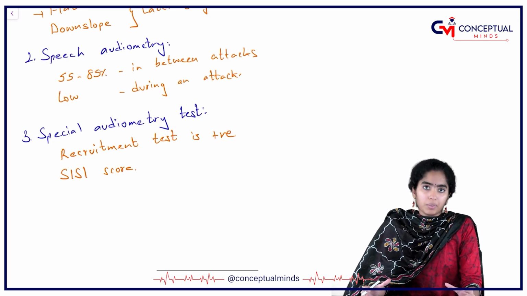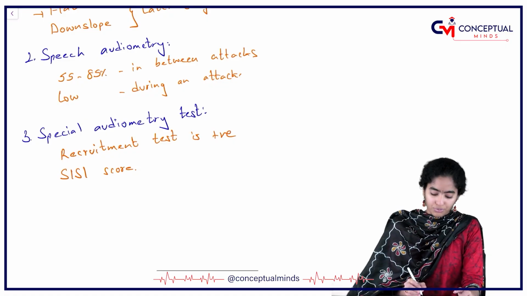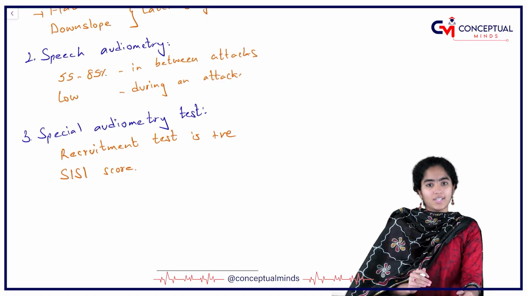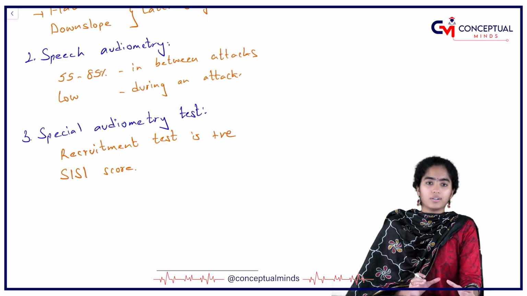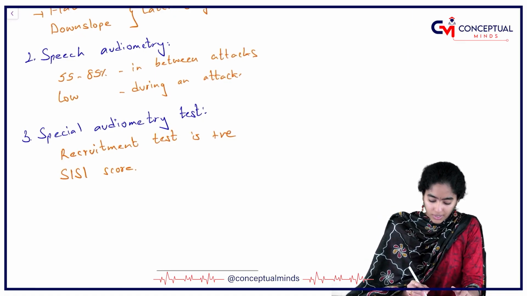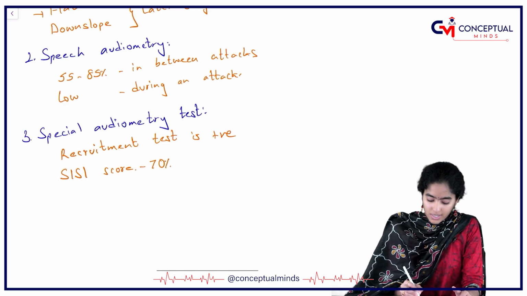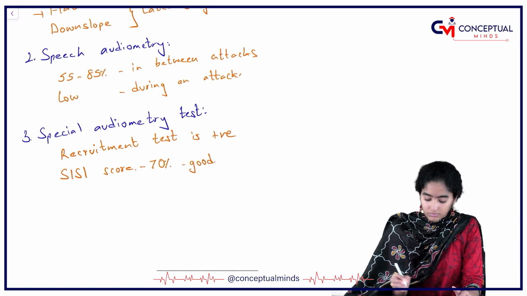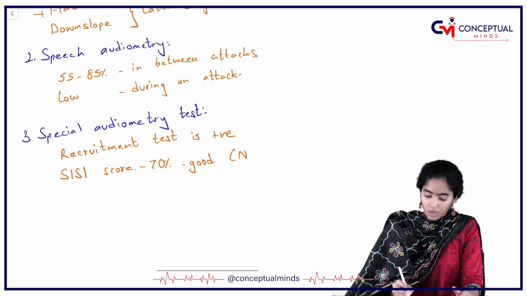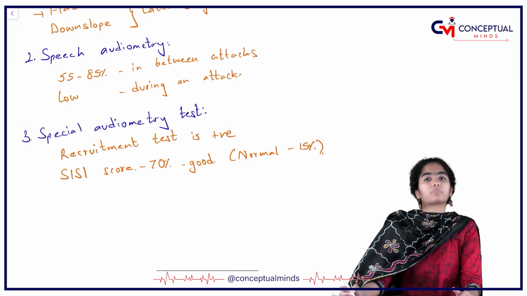Normally, for a normal person with normal hearing, the SISI score is usually around 15%. But in these patients, in patients with cochlear type of hearing loss, their SISI score is very, very good. It's usually around 70%. SISI score is good. In normal people, it is only 15%.